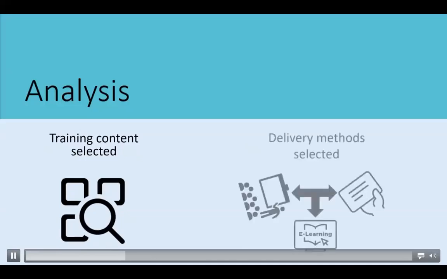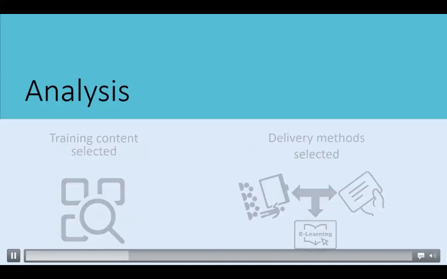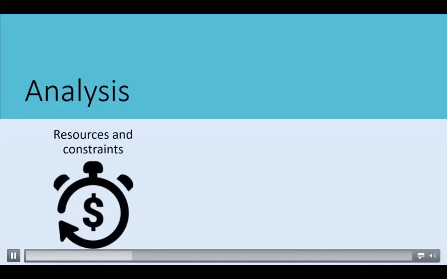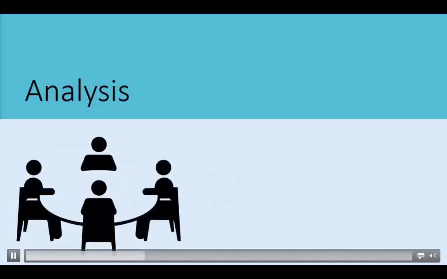The most appropriate delivery methods are then selected. The resources and constraints are established, which direct when the project will be complete, the budget allotted, and the resources available. During this stage, communication begins with those who may be involved in the design or implementation. This may include graphic designers, corporate trainers, and more.